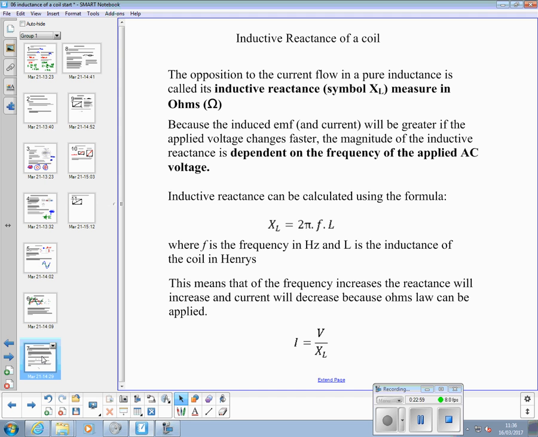The formula for XL, inductive reactance in ohms, is 2 pi times FL, where the F is the frequency in hertz, and L is the inductance of the coil in henries. We'll also be looking where we find XL equal to omega L. And that's just the omega part is the 2 pi F bit of that formula. So there's a switch over, and we will at some point be using both. Alright?